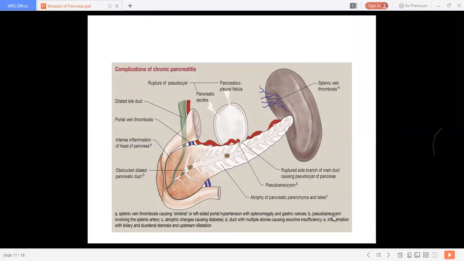Then pseudoaneurysm involving the splenic artery. All of you know what an aneurysm is? Yes? What is aneurysm? Anyone?